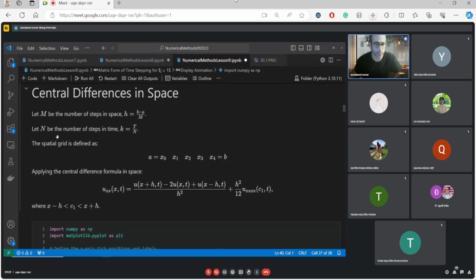All right, so let's talk about the wave equation now. A wave is propagating in an interval from A to B, and the independent variables are x in (A,B) at time t greater than or equal to 0. The wave speed will be c, a constant greater than 0.